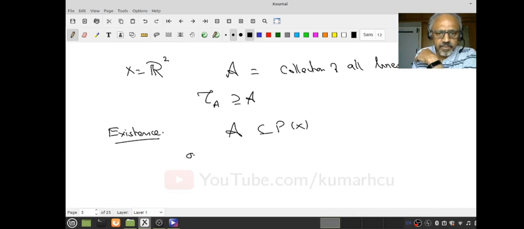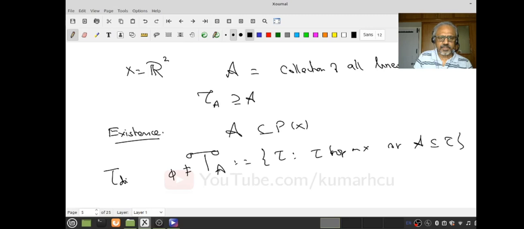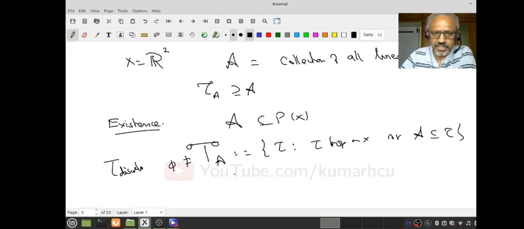Let me say the family of all tau such that tau is a topology on X, so that script A is contained in tau. Why is this not empty? Because the discrete topology is always here. The discrete topology is P of X, that's always here. Therefore, the collection is non-empty.